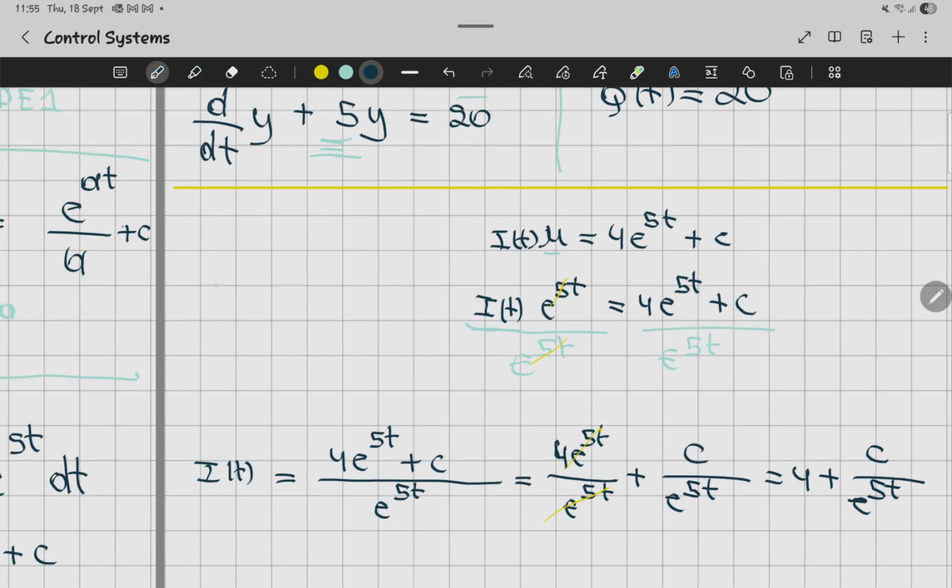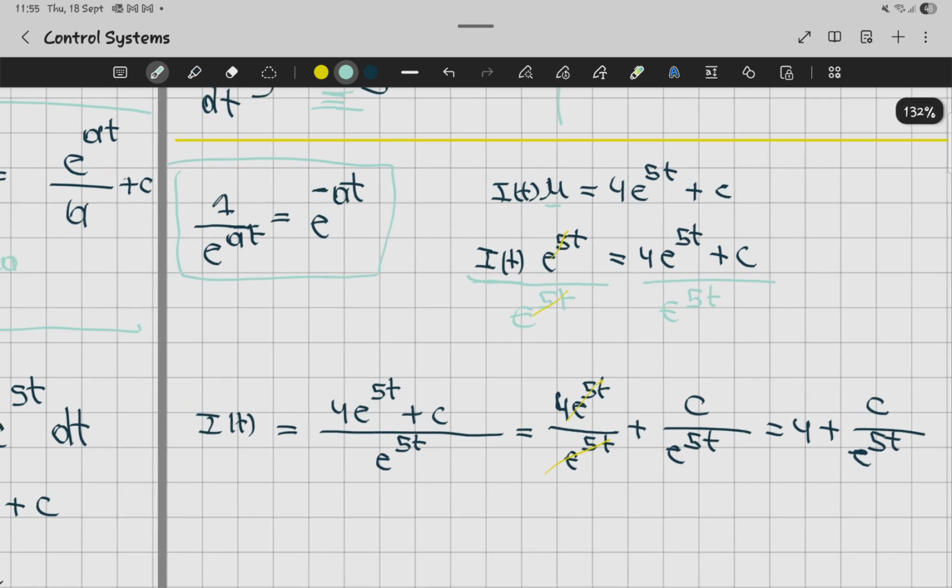If e to the power of at, let me say, when we have something like this, you can also write it in this form: you put a negative next to a. Okay, you can do that. This is also another exponential formula that we're going to use here.